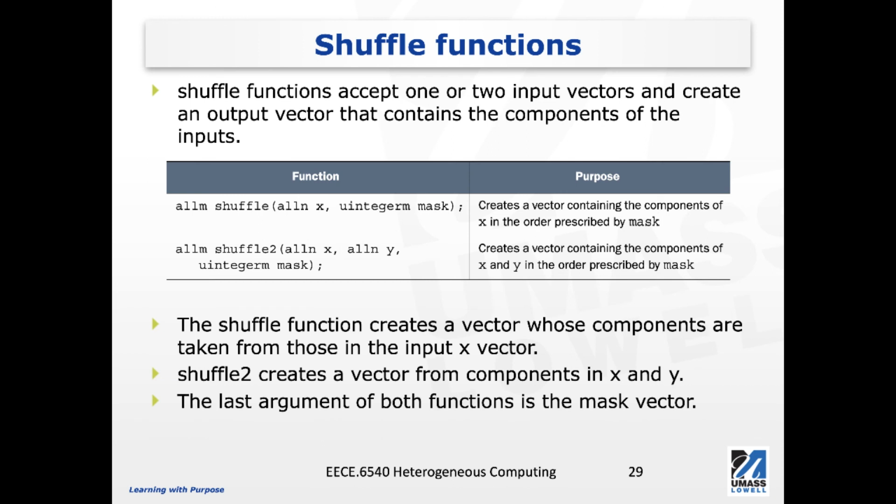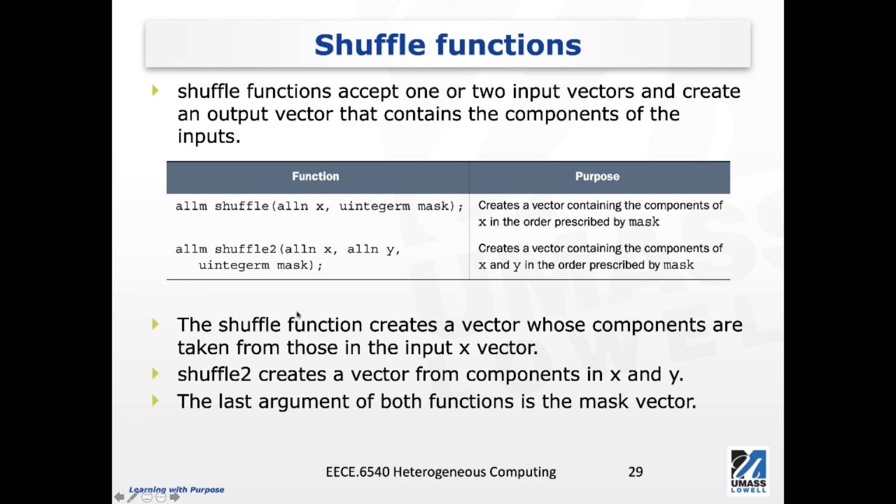We're going to define these functions more concretely. Shuffle function takes 1 or 2 input vectors and creates an output vector that contains the components of the inputs. We mentioned earlier that we have 2 functions in this category. One is called shuffle, one is called shuffle2. The difference between these 2 functions is that shuffle2 takes 2 input vectors, whereas shuffle takes only 1 vector.